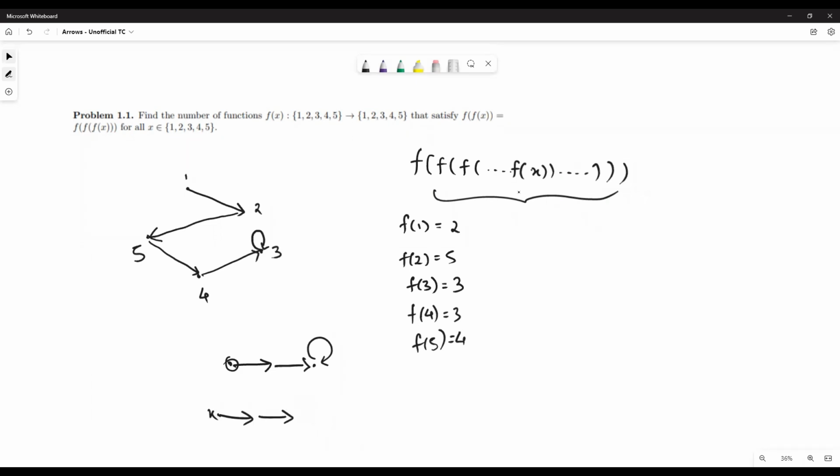So after the second arrow, if there is an arrow, by arrow I don't refer to self loops as in here, f squared of x and f cubed of x are different, and that cannot be. So the maximum length of a path is 2.